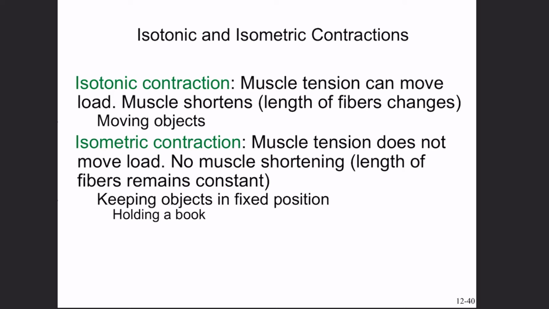The length of the muscle fiber remains constant. Let me give you an example of moving out of your apartment and holding a heavy box. You're holding your arms in a flexed position. However, they are not moving. You are not changing the length of your muscle fibers, even though there is tension there. So there is tension, but it does not move.